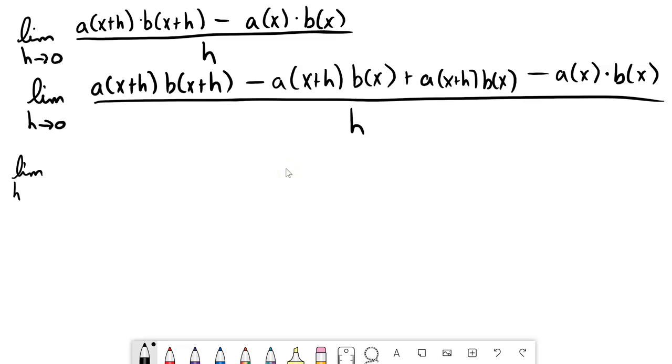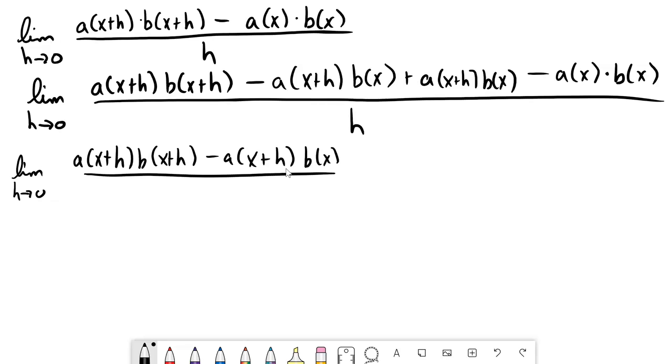Limit as h approaches 0 of a of x plus h, b of x plus h, minus a of x plus h, b of x, over h. That's how I'm going to split it. This is the first fraction. And then we're going to add, and I'm going to use the limit property: instead of the limit of the whole thing, you can just do the limit of the two terms of a sum.